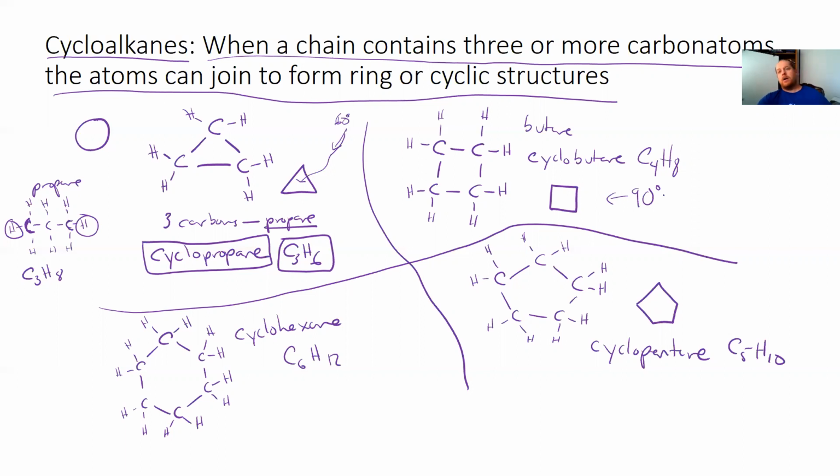And so what you wind up with when you have these cyclic alkanes is something that they call ring strain. Basically, because of the angles of the bonds, you have weak overlap between the bonding orbitals.